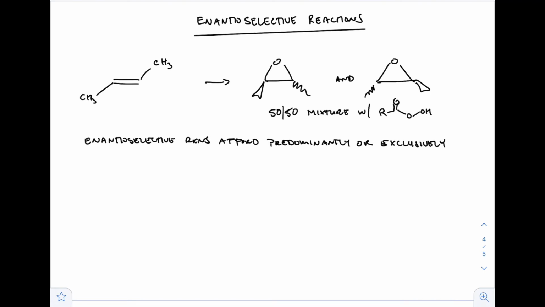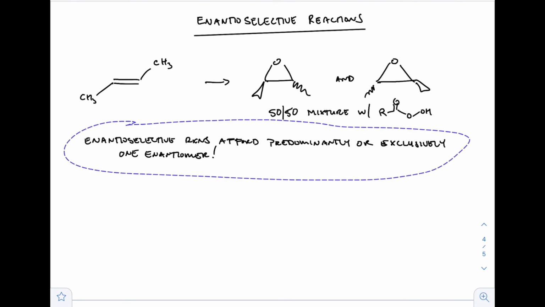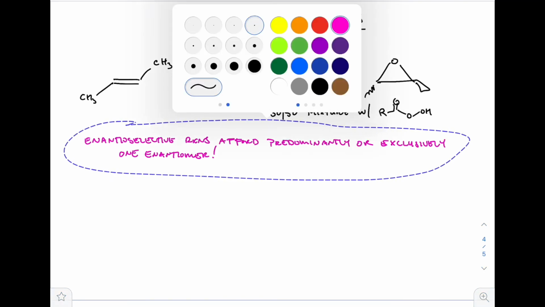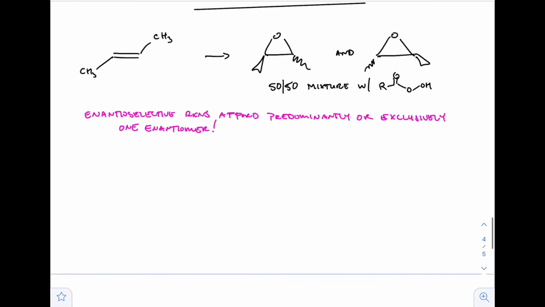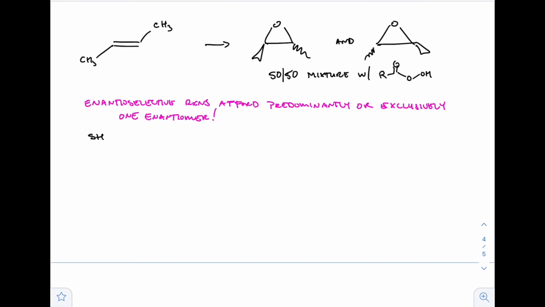All right, so actually let me highlight this because this is a really important point. Obviously it's the definition of enantioselective reactions, and it's related to enantiomeric excess and things like that, which we have talked about before. And so obviously we're going to talk about an epoxidation reaction that's enantioselective, okay?